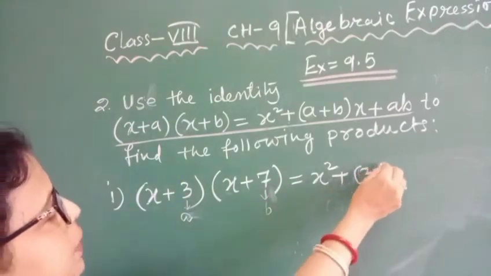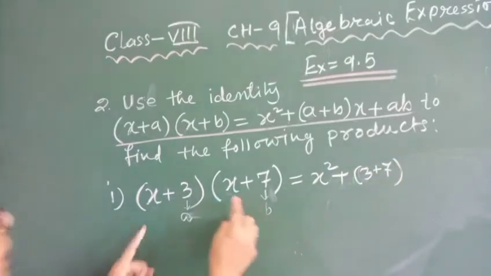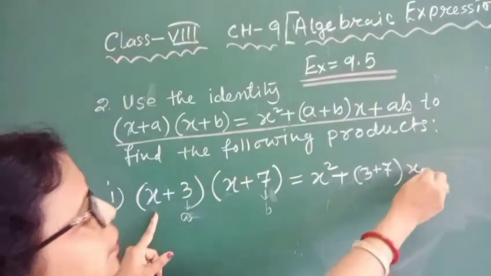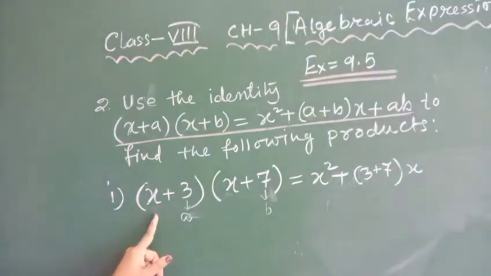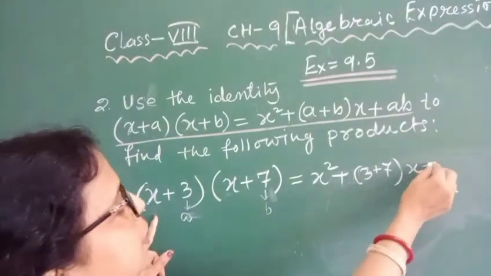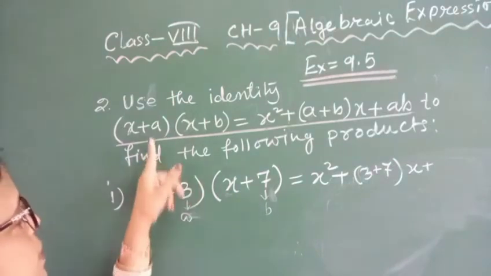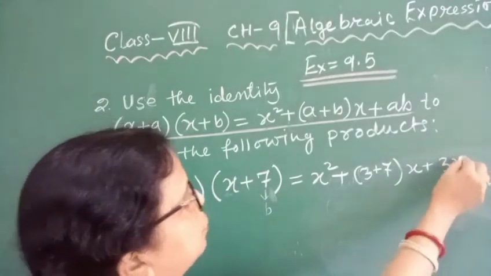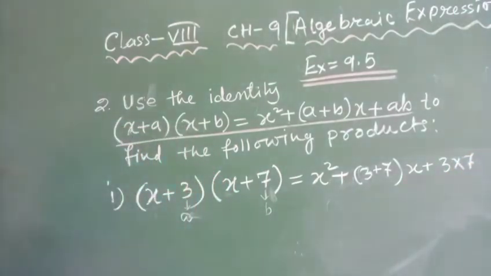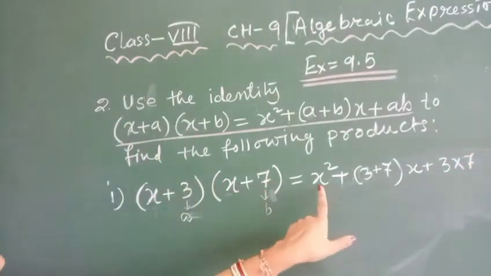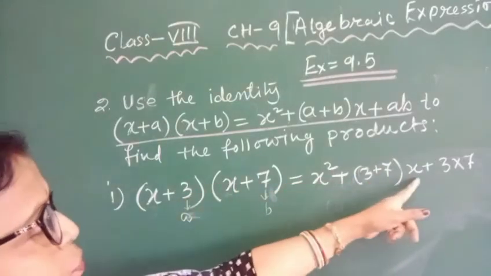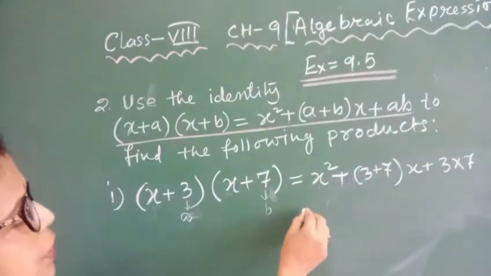So 3 plus 7, into x. Inside the bracket, a plus b into x, and then a into b. A is our 3 and b is our 7, so 3 into 7. Understood? Now x square plus 3 plus 7, that means a plus b into x, plus ab.